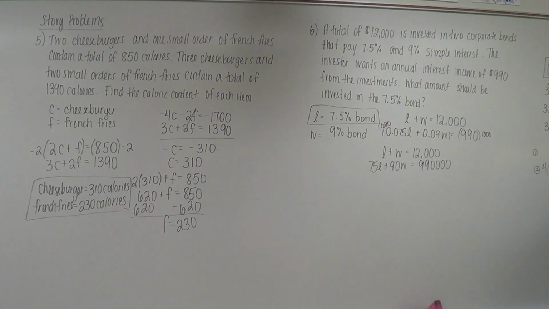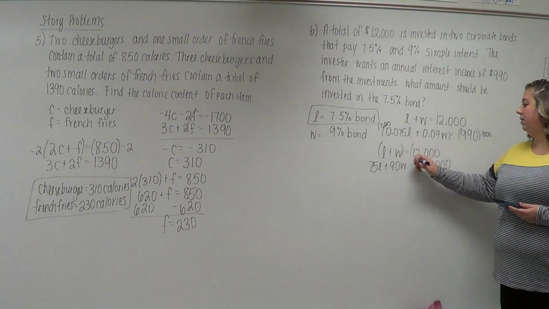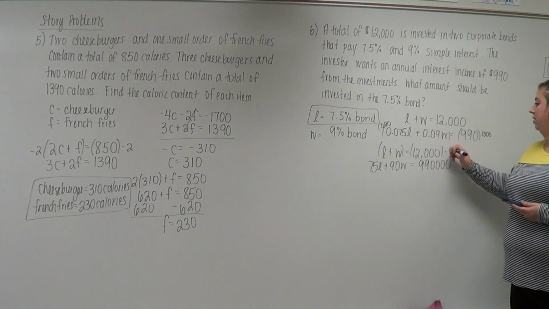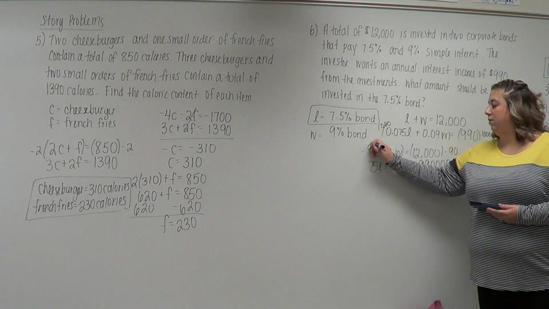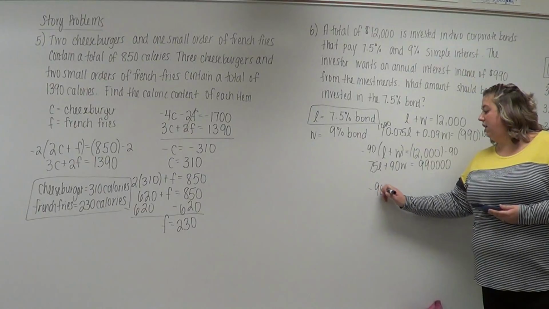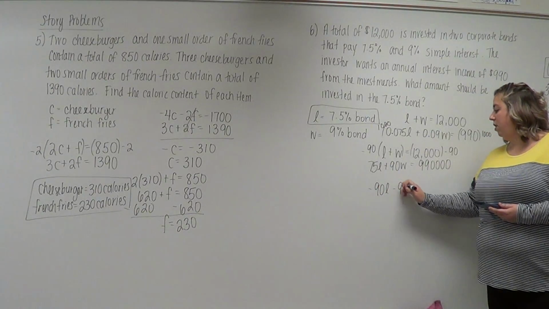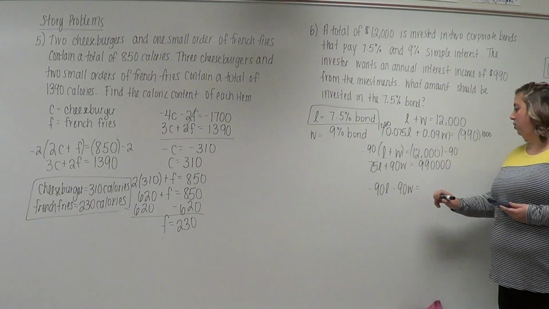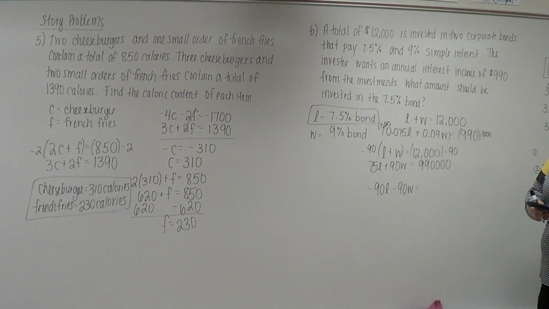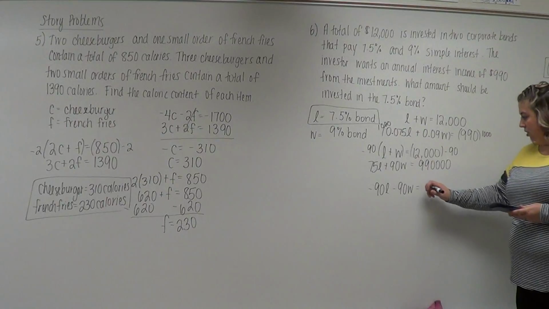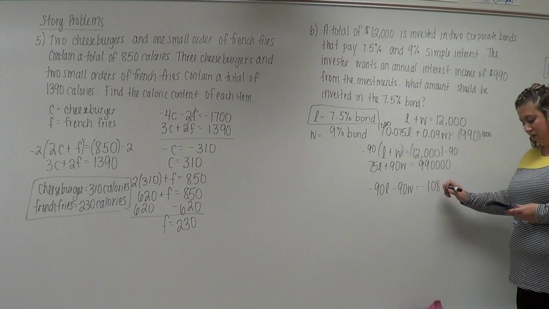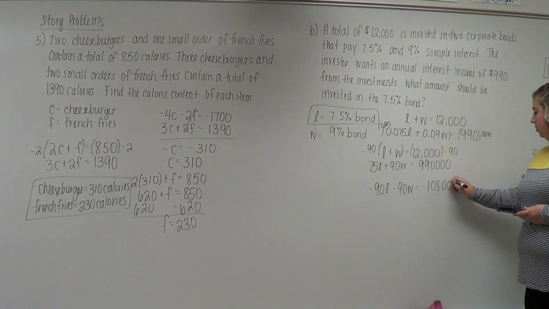What variable are we trying to cancel? W. So what would I multiply the first equation by? Negative 90. So I'd have negative 90L minus 90W equals negative 1,080,000. I don't want to forget a zero.